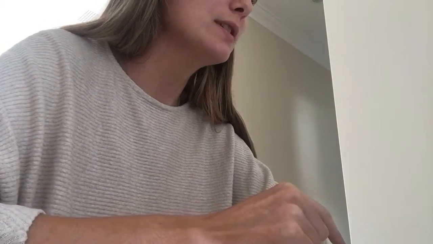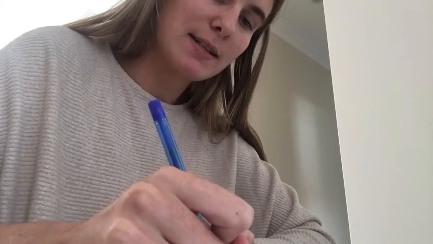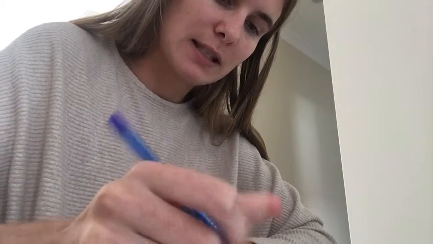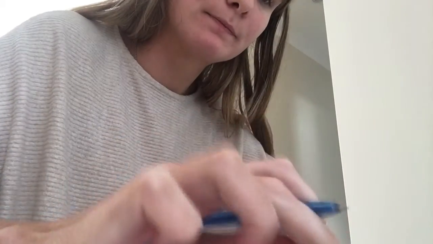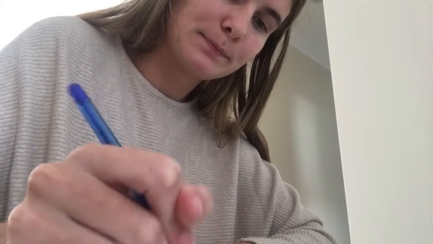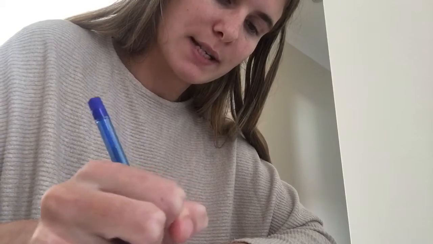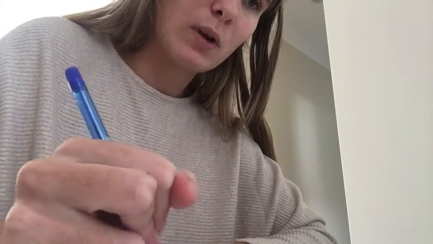All right, we've got 0.9% sodium chloride, 1,000 mils over 12 hours, and the drop factor is 60. So to work this out, I'd first put the hours into minutes. So I do 12 times 60, which is 720 minutes. I then do 1,000 divided by 720, which gives me 1.38.